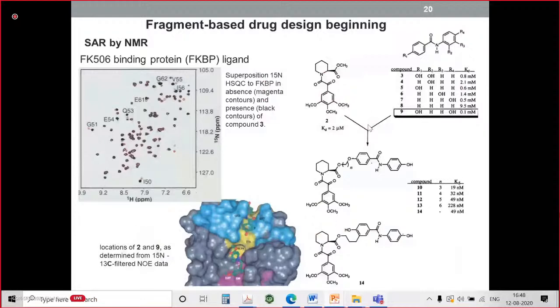Later, these two were optimized by varying the substituents, and that came up with molecule 9, which has R1 hydroxy and R4 hydroxy, so para positions on both sides occupied with hydroxy, showing 0.1 micromolar activity.